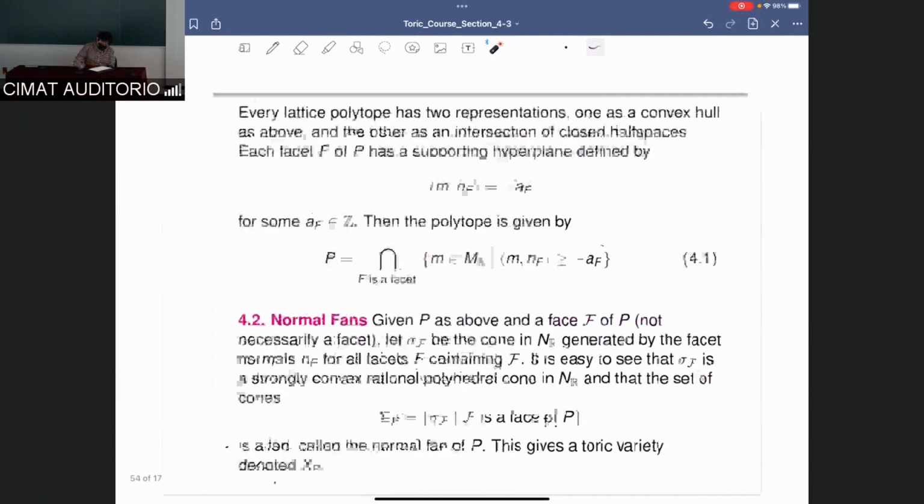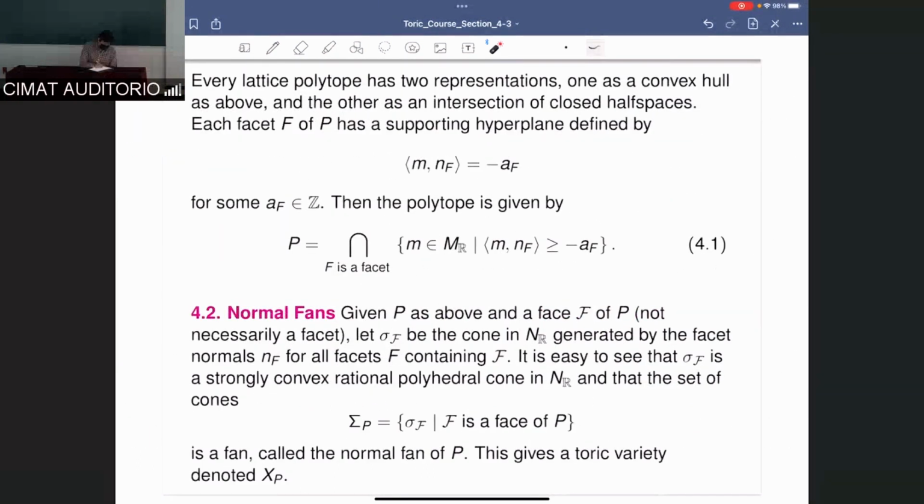Now this is the following situation. Then notice that from our previous conversation, we have at least 2 ways to define our lattice polytope. One way was that we start from finitely many points with integral coordinates and we take a convex hull, but notice that we also can do intersection of half spaces. How is that? Like the picture from before, somewhat.